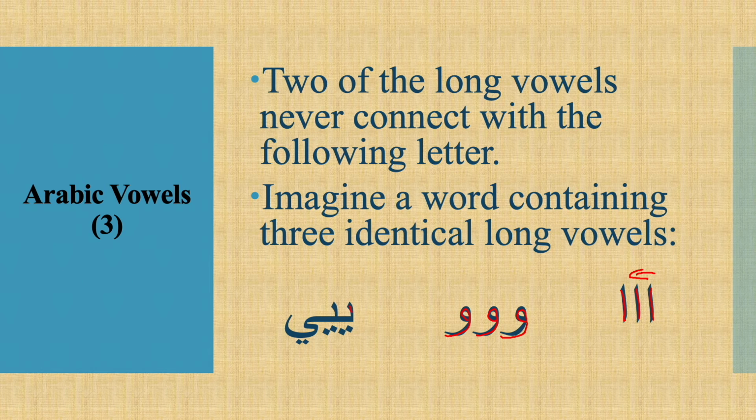So as we saw in our letter connecting lesson, it will take one shape in the beginning, the same shape in the middle, 2 dots for each one of those. And then in final position, it takes its full shape, which is the same as its shape when it's isolated.